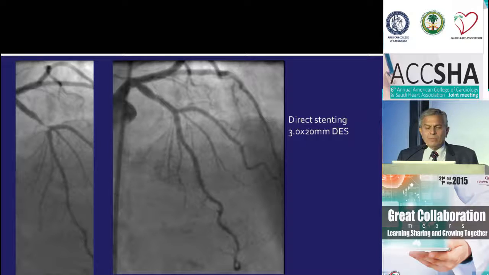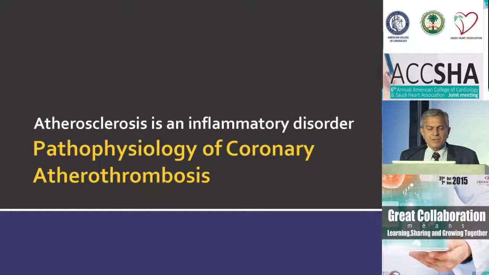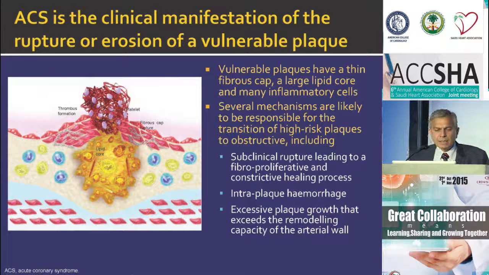So that brings to mind the pathophysiology of coronary atherothrombosis. As you know, the clinical manifestation of ACS is either the rupture or the erosion of a vulnerable plaque: rupture in 75% of the cases, erosion in 25% of the cases. Vulnerable plaques typically have a thin fibrous cap, a large lipid core, and many inflammatory cells.